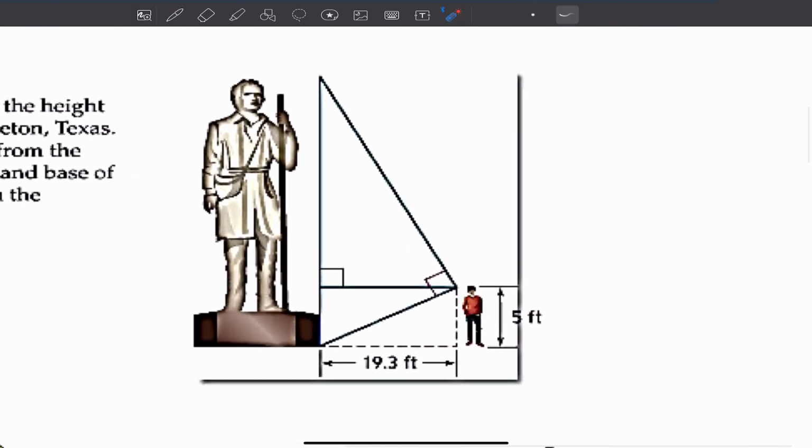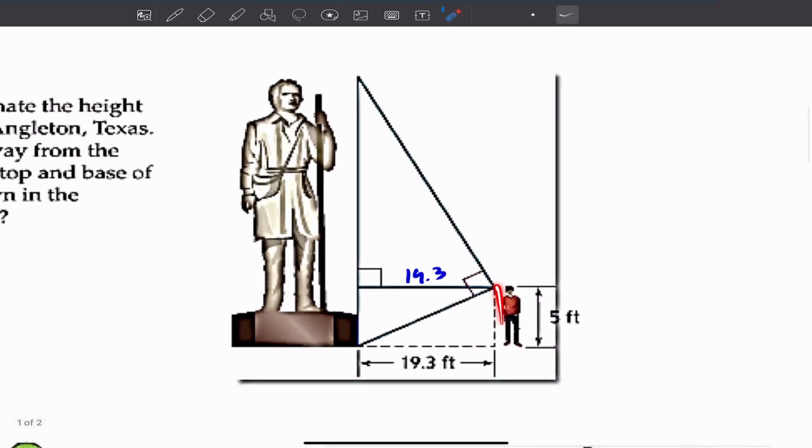Okay, so we need to figure out how long the statue here is. So if this here is 19.3, then that means that the altitude is 19.3. And if this is Corey, standing right here, then this is how long this segment here is. So we're going to call that 5 feet.